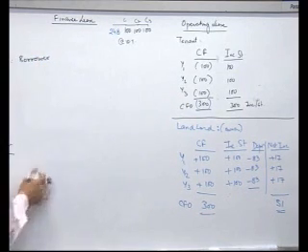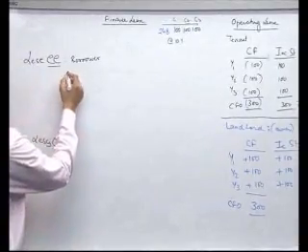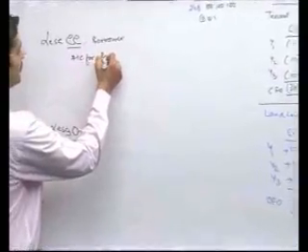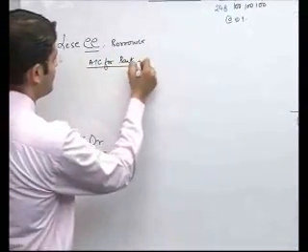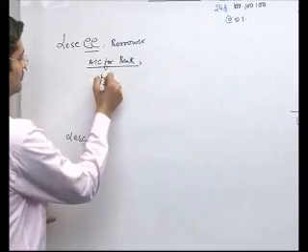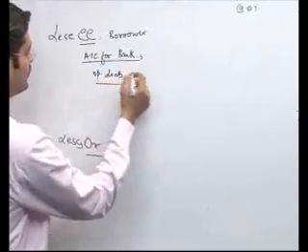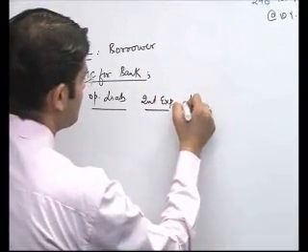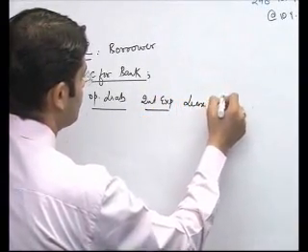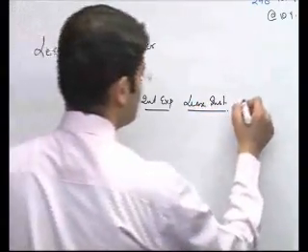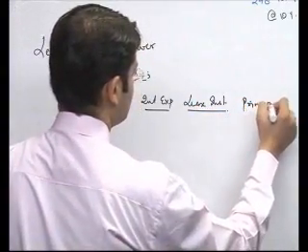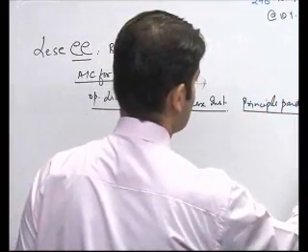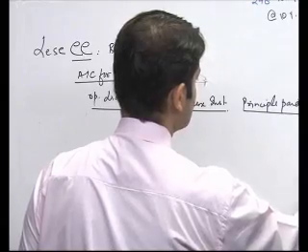Okay, now here, account for bank: opening liability, interest expense, lease installment, principal paid, closing liability.